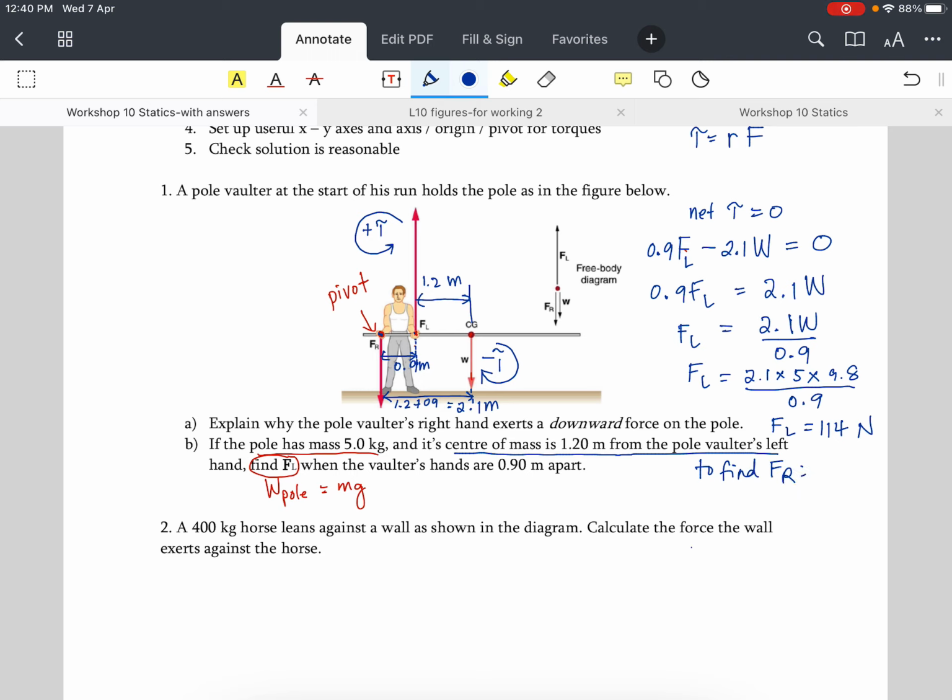You can just do net force is equal to 0. You have two forces that are pointing downwards, FR and W. So those should add up, and that should be equal to FL. So FR, the force on the right hand, will now be FL minus W. So this is how you get the force on the right hand.